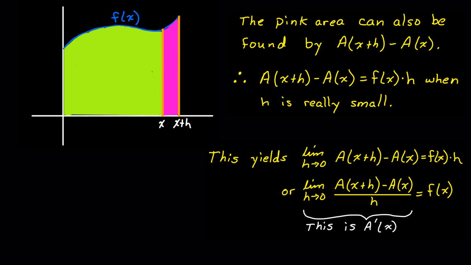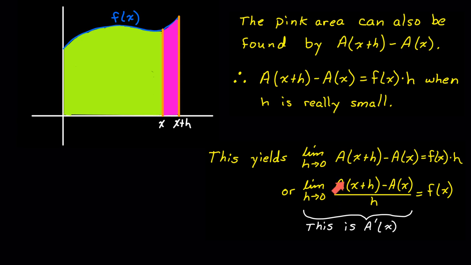Now on this equation, we can divide h over to this side of the equation. What that gives us then is the limit as h approaches 0 of A of x plus h minus A of x over h equals f of x. Now, I hope by now that you recognize this as your definition of a derivative.